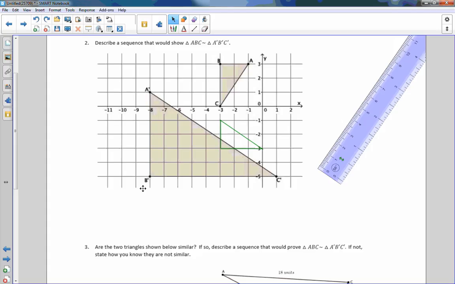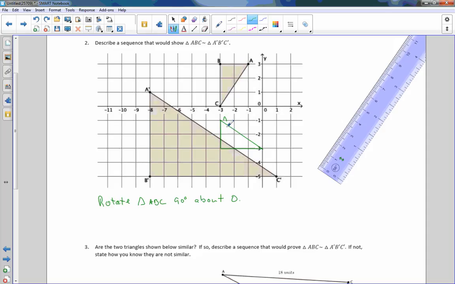Okay, so the first thing I would say is rotate triangle ABC 90 degrees about the origin O. So now this is A prime, if you will, because they're calling these primes.